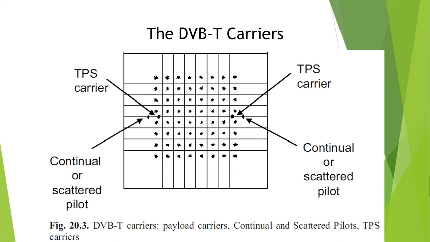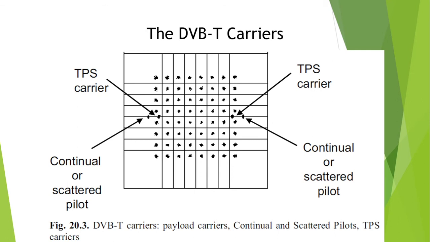They are DBPSK, that is, differential biphase shift keying modulated, and they are located on the I-axis either at 0 degrees or at 180 degrees. They are differentially coded. That is, the information is contained in the difference between one symbol and the next.